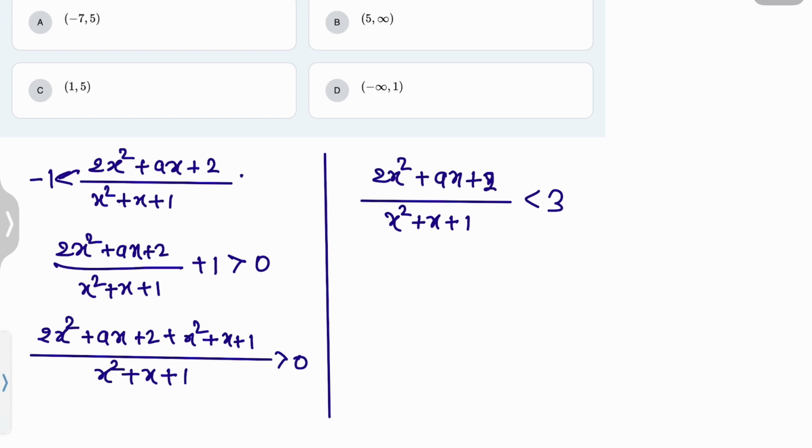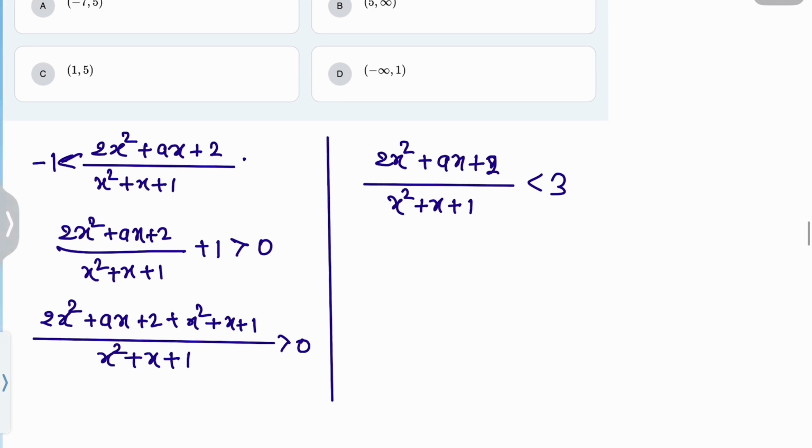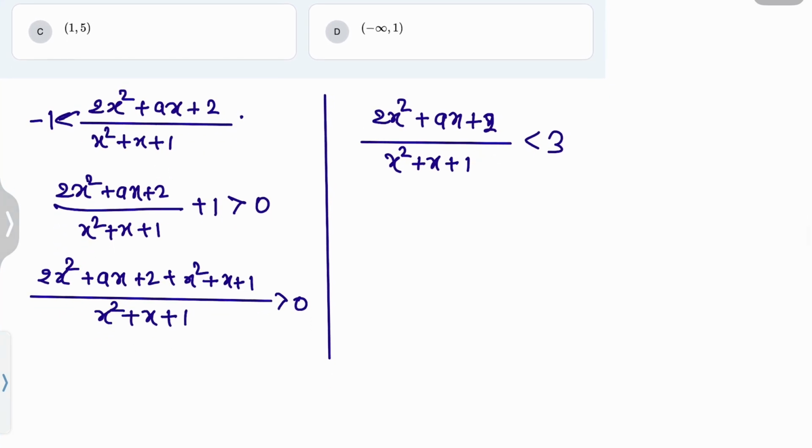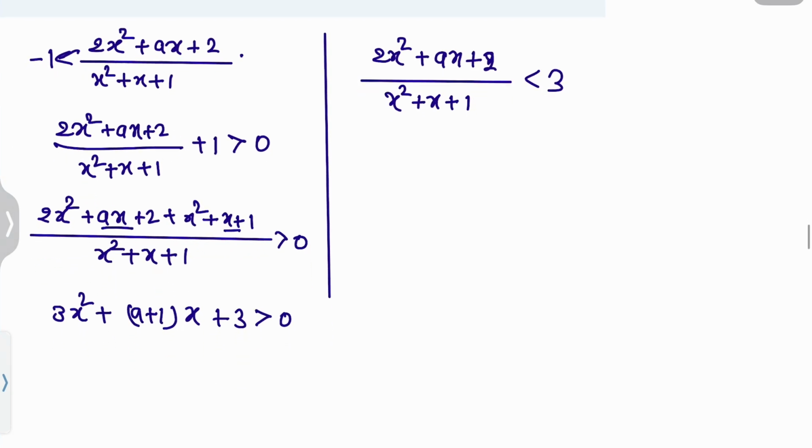This denominator is always greater than 0, check that D is less than 0. So only the numerator remains: 3x square plus (a plus 1) times x plus 3 greater than 0. Okay, check that.